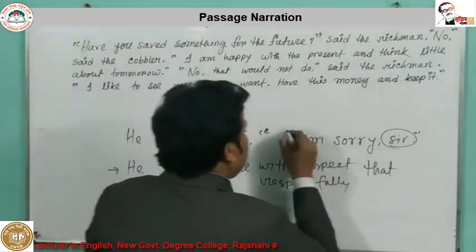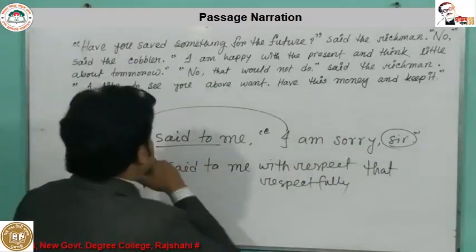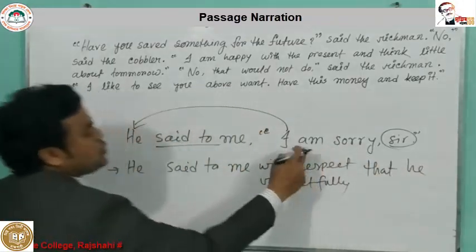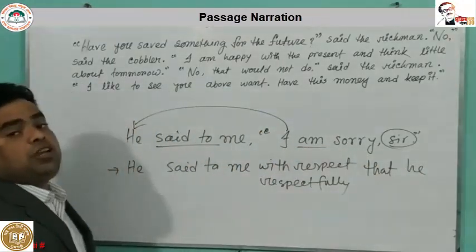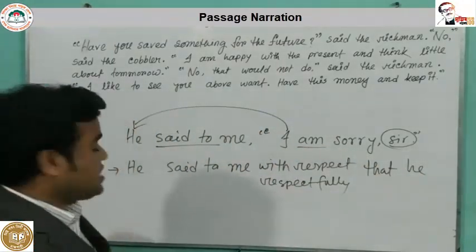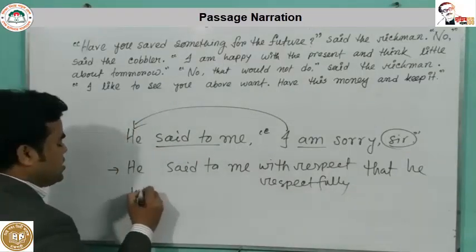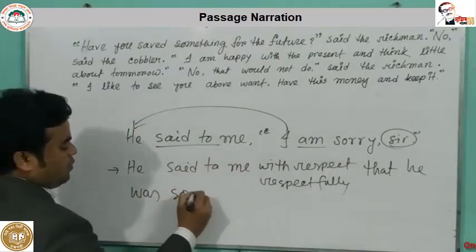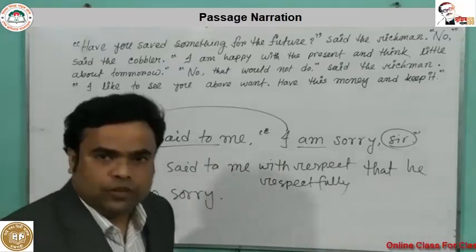So I will be changed according to the subject of the reporting verb, he, and this one is present indefinite tense. It will be changed into past indefinite tense. Am will be was. Hope you understand, learners.